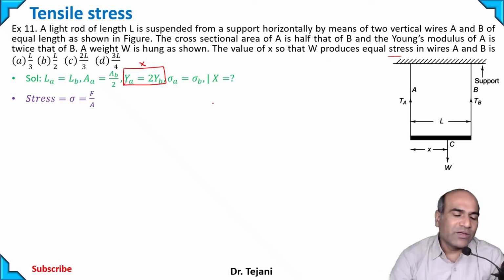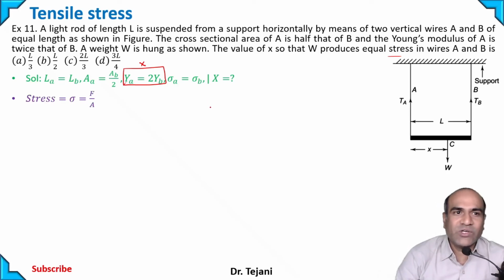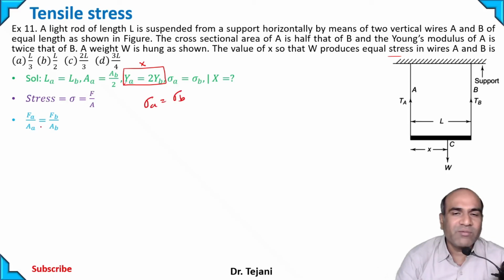Stress is equal to force by area. For A, we can write FA by AA, FB by AB. Do we have areas? Value of areas? Yes.